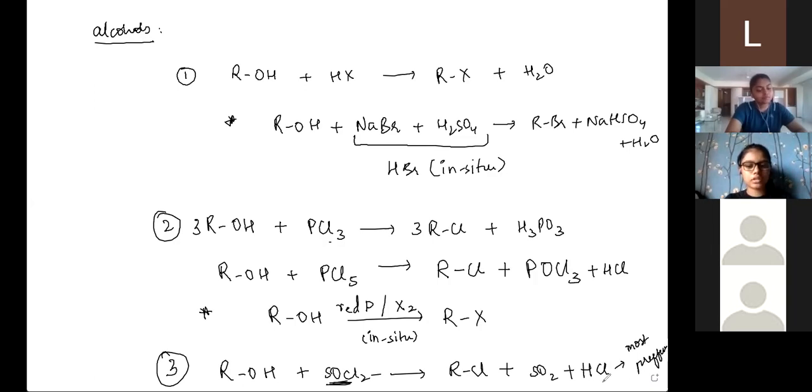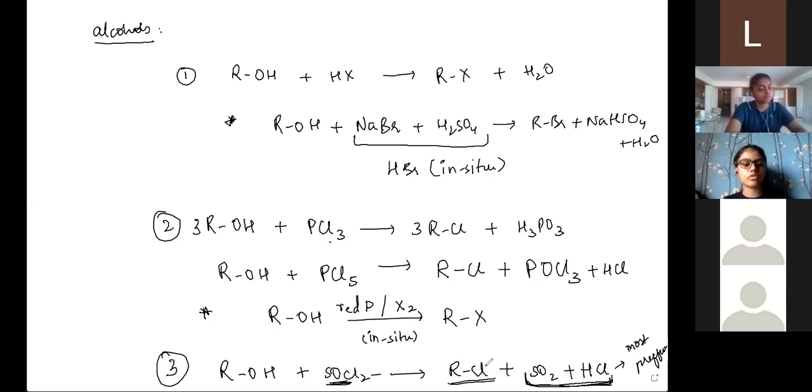The most preferred method of producing haloalkanes is thionyl chloride, because the byproducts of this reaction are all gaseous, so they can simply escape and give pure alkyl chloride.